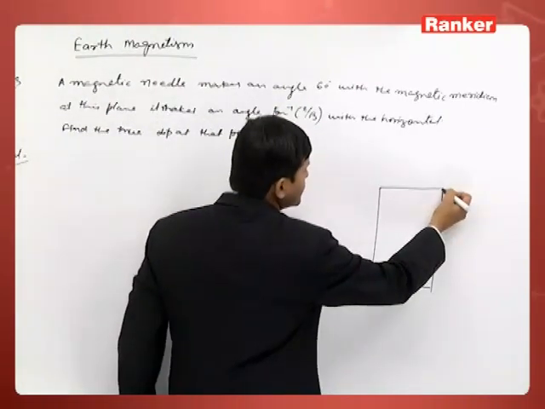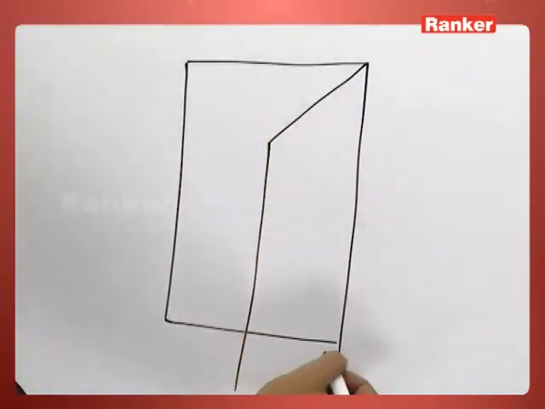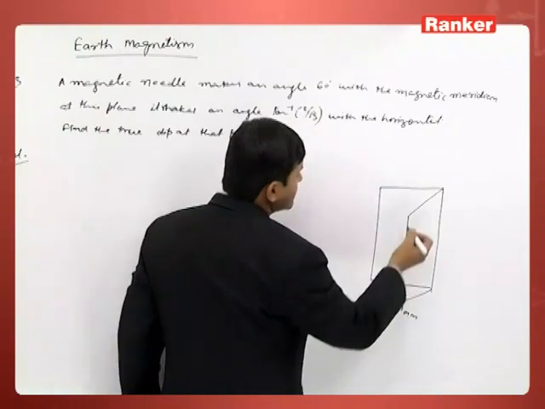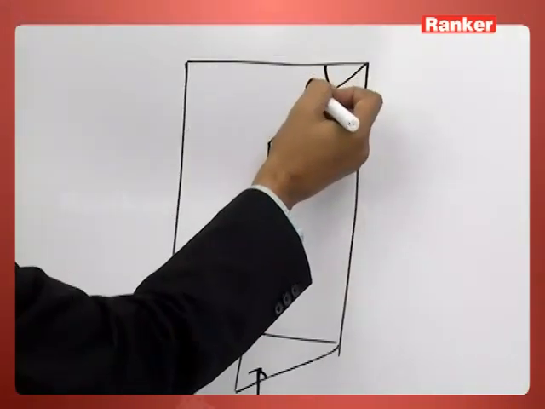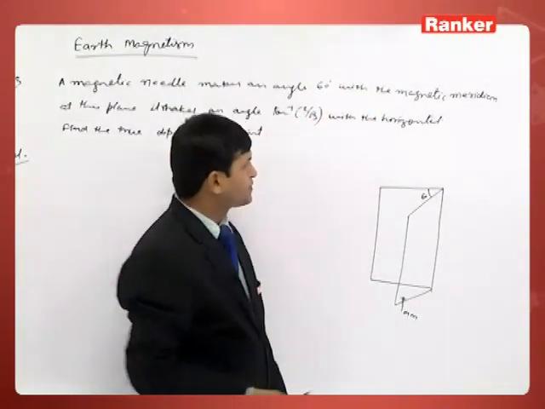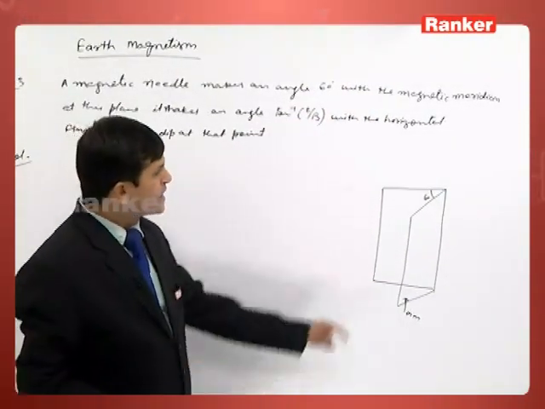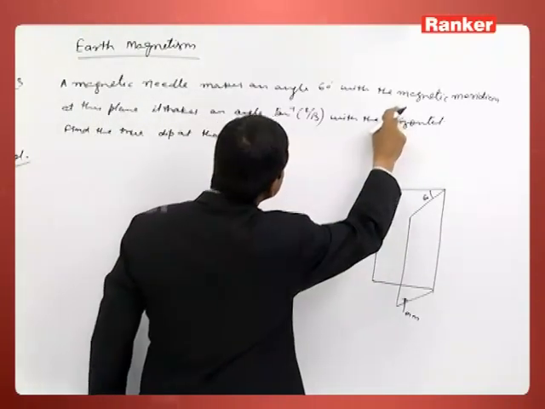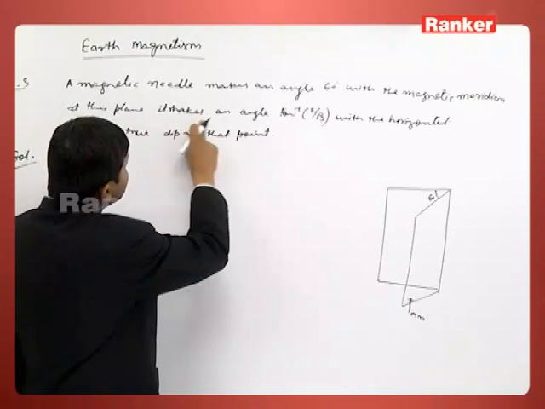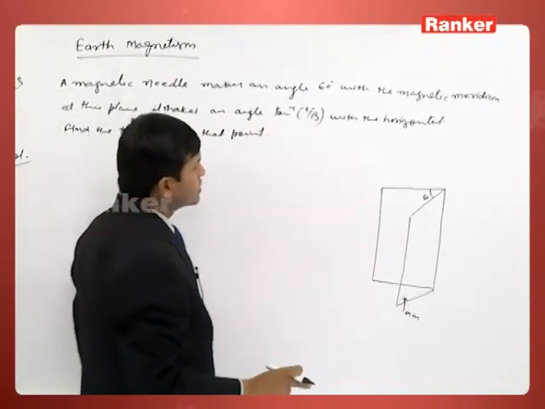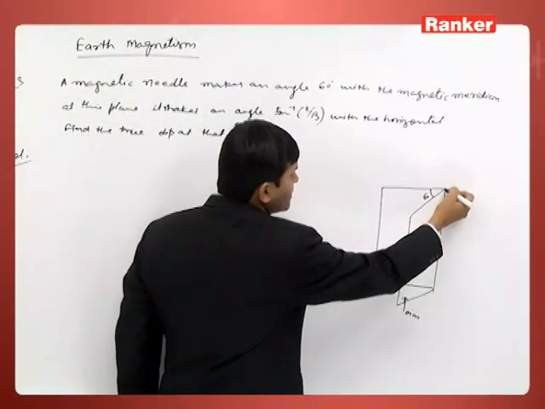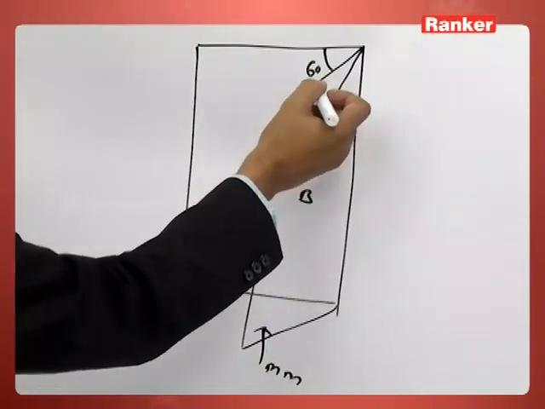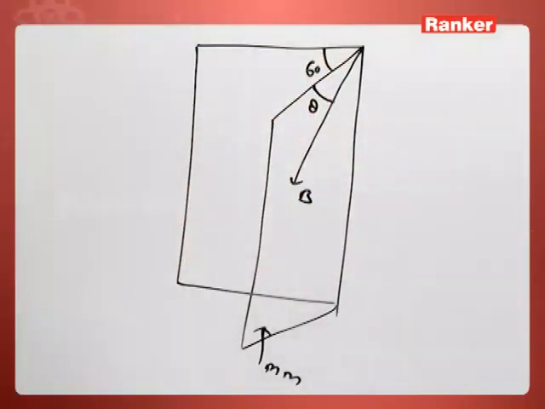So if this is the magnetic meridian, this angle is 60 degree. It means the magnetic needle is in this plane, and in that plane the needle makes an angle tan inverse 2 by root 3. So see here. In fact, the earth field is in this direction. The true dip is theta.